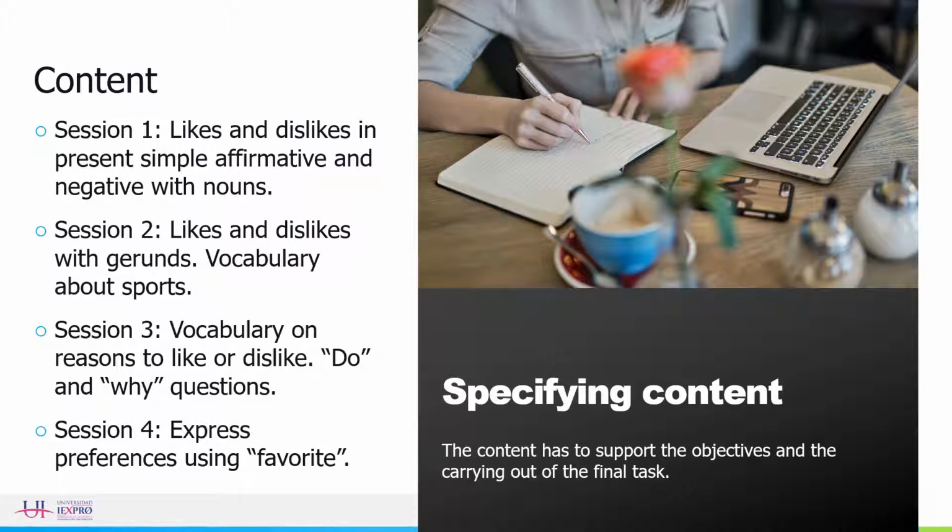In session 3, we will look at vocabulary on reasons for people to like or dislike things, and we will deal with do and why questions. Session 4 will deal with expressing preferences and our final task.